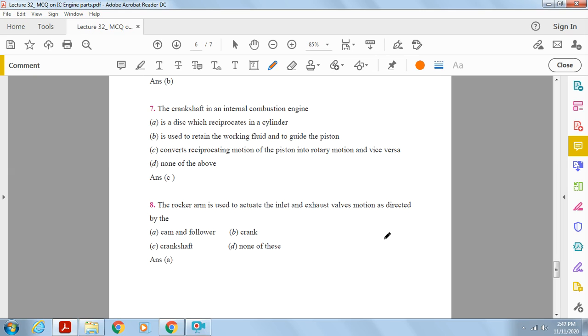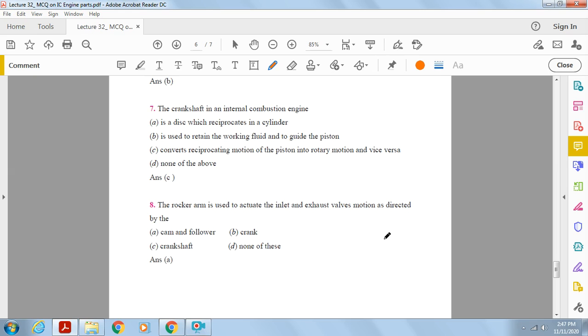Question number 8. The rocker arm is used to actuate the inlet and exhaust valve motion as directed by: option A, cam and follower; option B, crank; option C, crankshaft; option D, none of this. I have already discussed the basic fundamentals and operation philosophy of the rocker arm in module number 2.